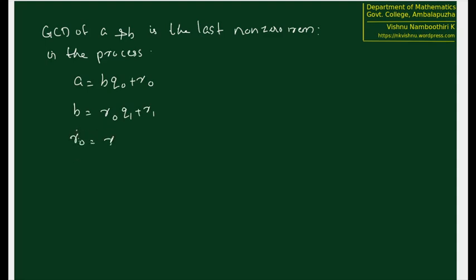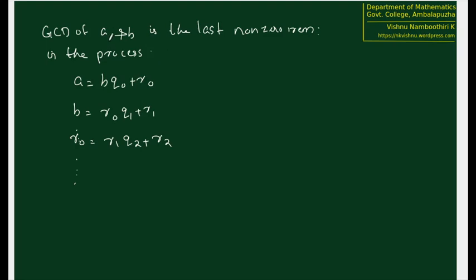R naught equals R1 Q2 plus R2, etc. We keep on like this, and the GCD is the last non-zero remainder in this process. That is what the Euclidean algorithm says. That is what we actually proved.